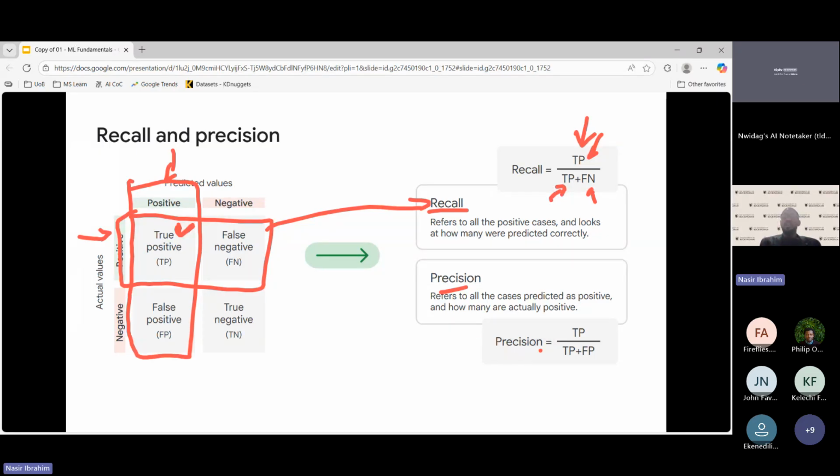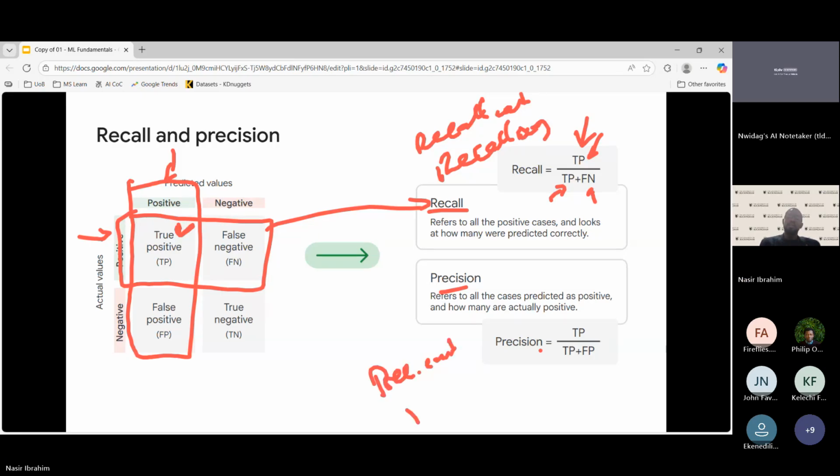You can get the recall based on the number of classes that you have. In this example of a cat and dog, you're going to have a recall for cat, a recall for dog, a precision for cat and a precision for dog. So you're going to have 4 values: 2 precisions and 2 recalls.